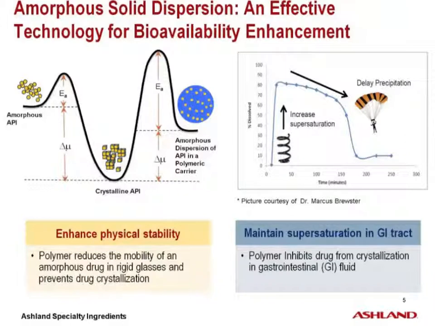In addition, polymer can also serve as a crystallization inhibitor in aqueous media and help to maintain supersaturation of the poorly soluble compound in the GI tract. Needless to say, the selection of the right polymeric carrier is of critical importance to ensure good physical stability and dissolution performance of a solid dispersion formulation.